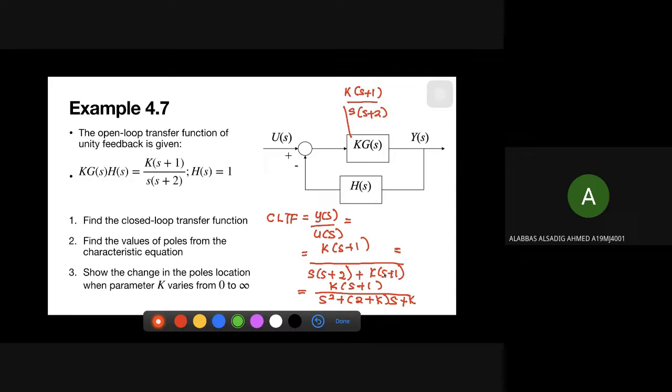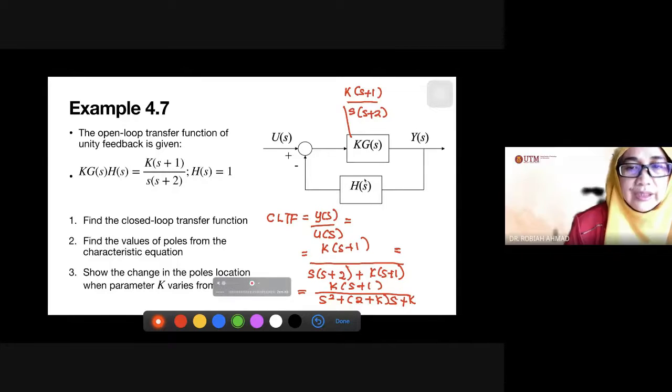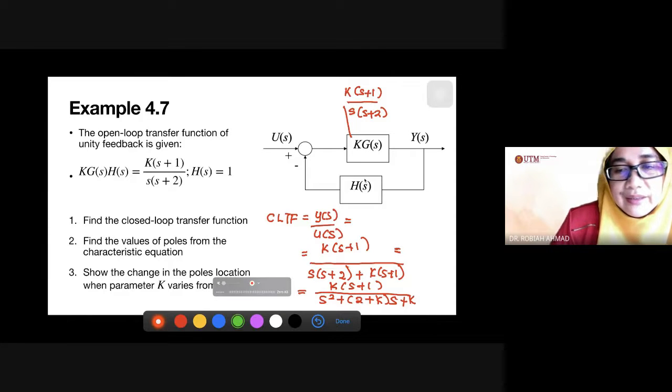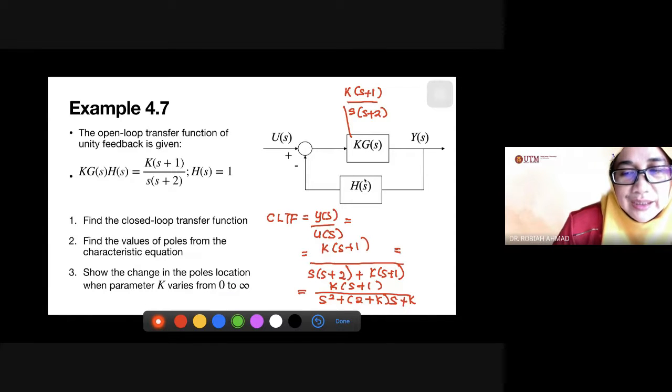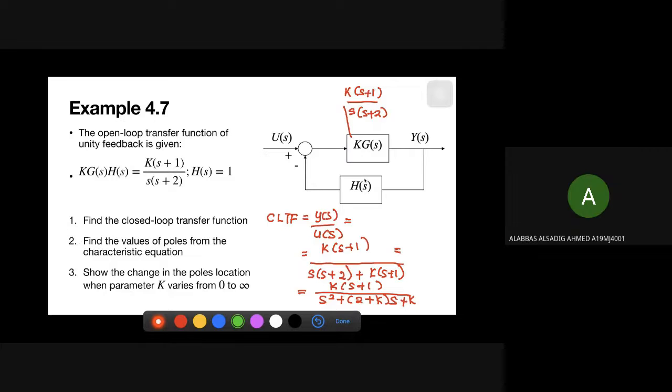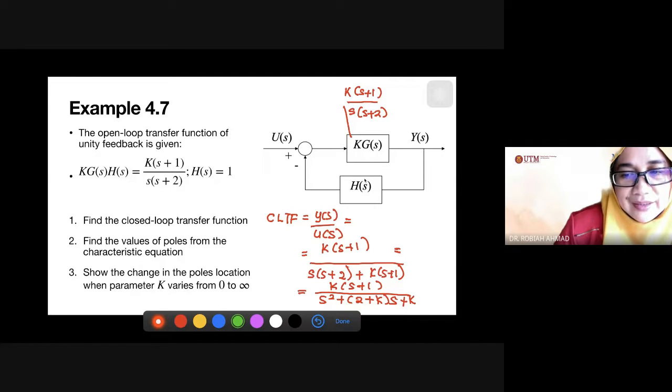Yes, because in the left it says KGS equal to KS plus 1 over S multiplied by S plus 2, but here it says KG only. So there's a bit of contradiction there. Because our H is in unity. Because it's 1. Yes. Okay. Any other question, class?